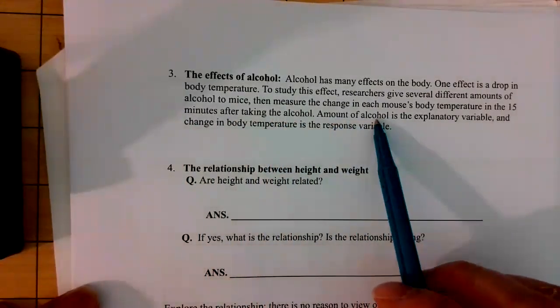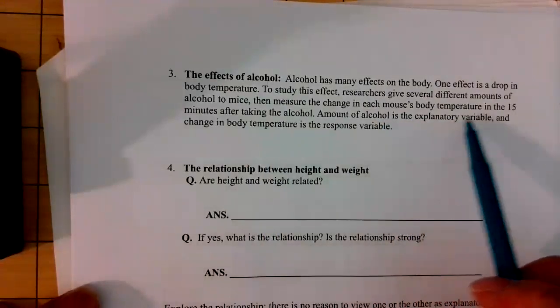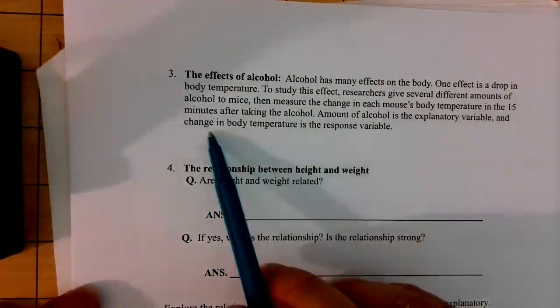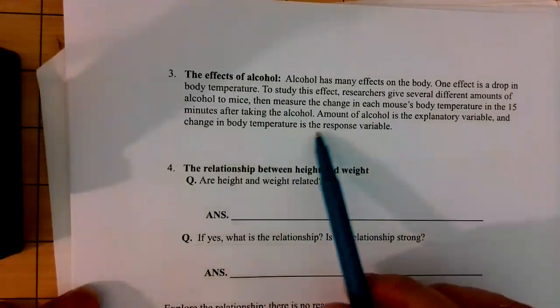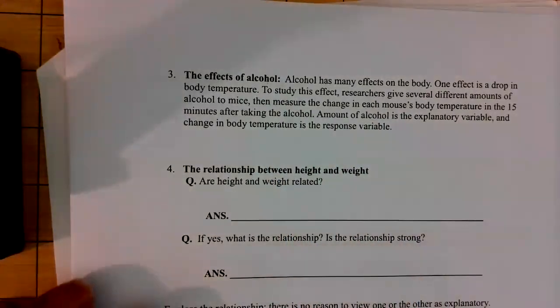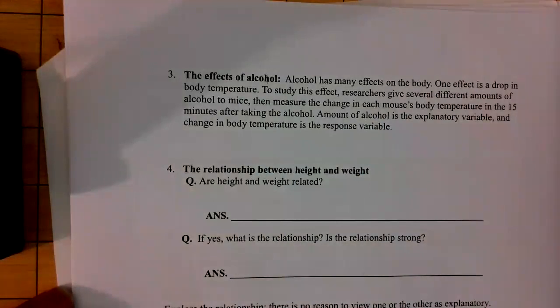Amount of alcohol is the explanatory variable, and change in body temperature is the outcome of the study, so it's the response variable. And furthermore, unlike the first one, husband's IQ and wife's IQ, that is what? That is association.